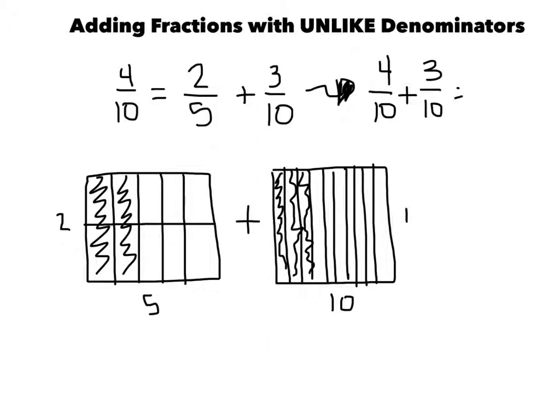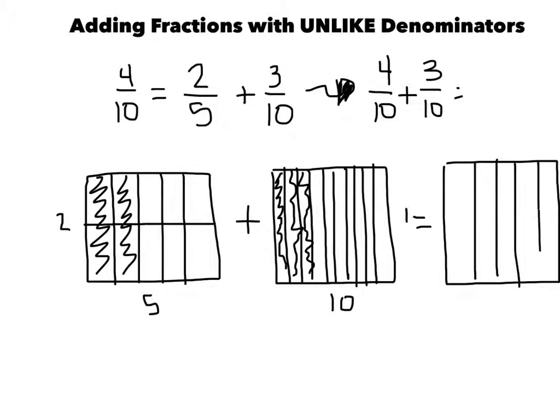Okay. And then you'll notice if I wanted to, this is the little difference. If I wanted to, I could cut my tenths that way. If I wanted to, I could color in my 4/10. 1, 2, 3, 4.